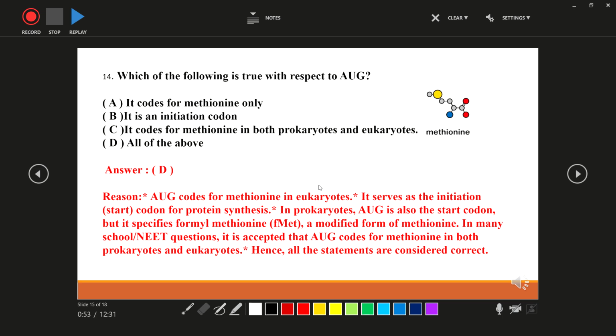AUG is also the start codon, but it specifies formyl methionine, fMet, a modified form of methionine. In many NEET questions, this is accepted that AUG codes for methionine in both prokaryotes and eukaryotes. Hence, all the statements are correct.